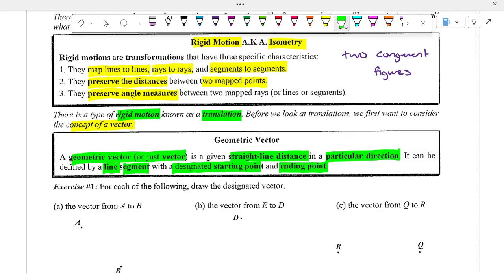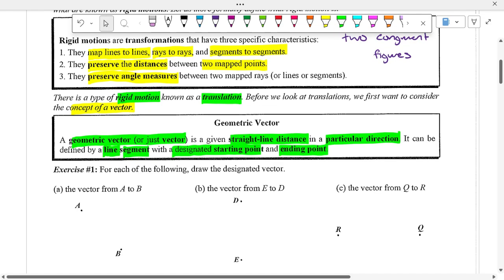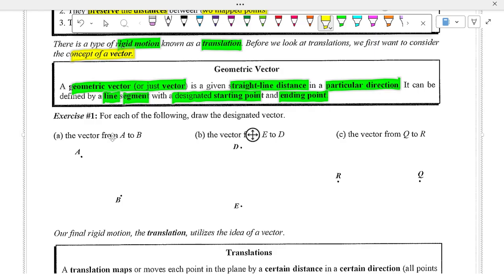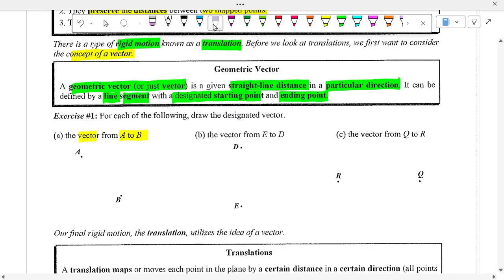All right. So the first exercise is we're just going to draw the vectors. All right. So the first question says, draw a vector from A to B. So it's literally just this. We start at A. So we start here. And we just draw that line straight to B and make sure you put an arrow on it.